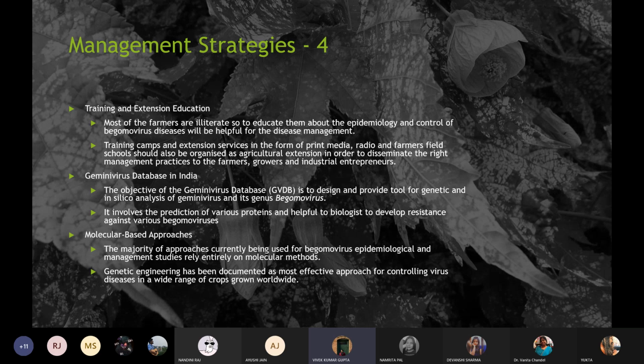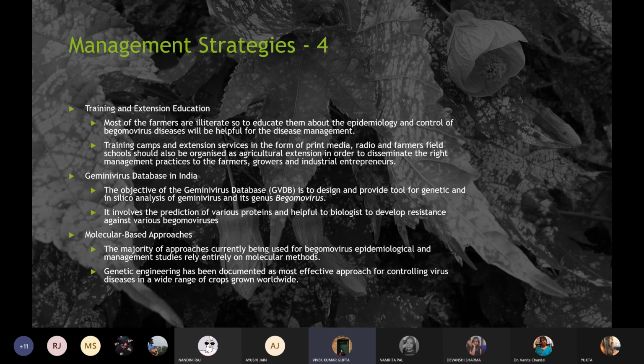We also have molecular based approaches, where we use the process of genetic engineering, and it's been documented as the most effective approach for controlling virus diseases in a wide range of crops grown worldwide. So there's that method. And then we have the Geminivirus database in India, which is being developed at the Modi Institute of Technology and Science in Rajasthan. The objective of this database is to design and provide tools for genetic and in silico analysis of Geminivirus and its genus Begomovirus.